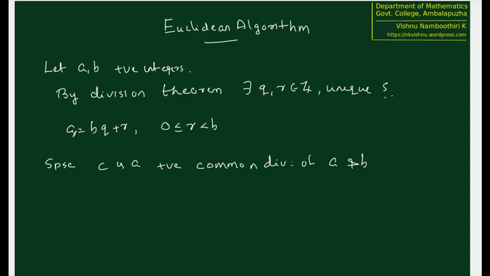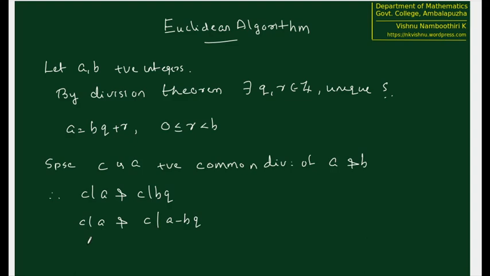Therefore, c divides bq also, and therefore c divides a minus bq also. Because c divides a and c divides bq, together they imply that c divides their linear combination, that is, c divides a minus bq.